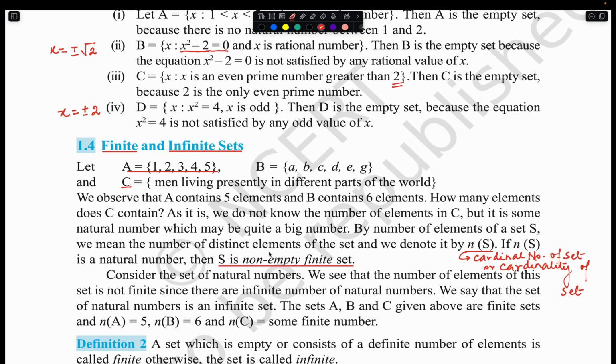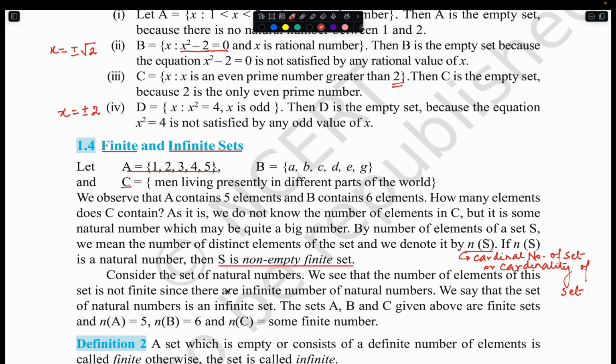And if you are not able to establish a conclusion whether the number of elements inside the set is going to be a natural number or not, then we will say that the set is an infinite set, right?